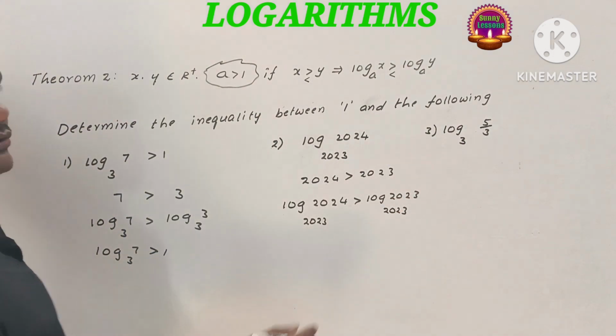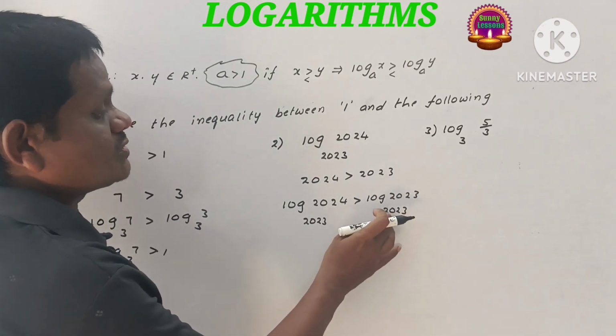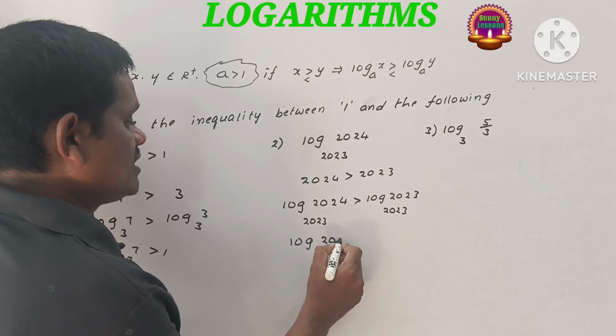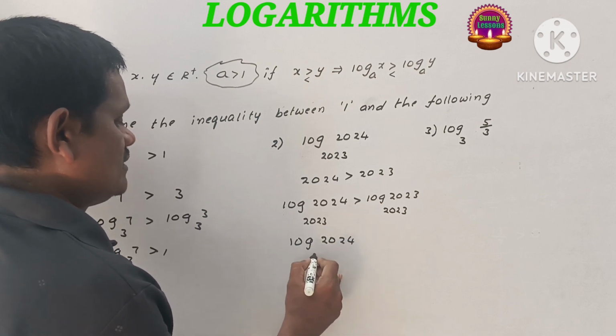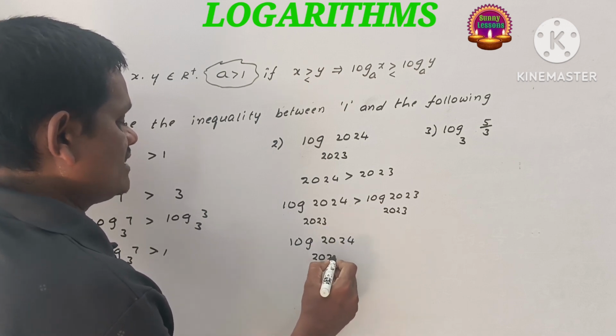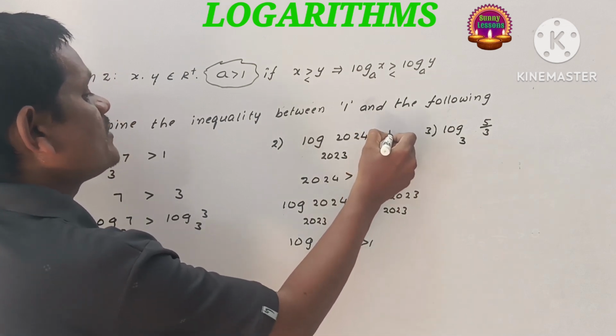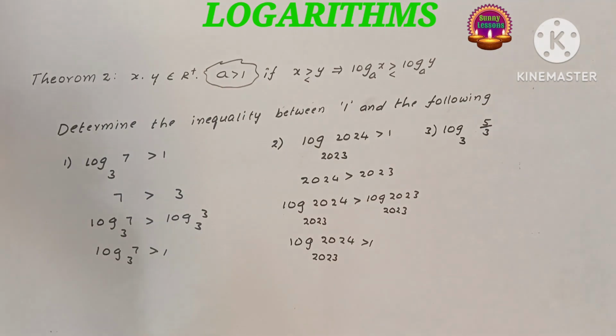Here log 2023 base 2023 is 1. So log 2024 base 2023 is greater than 1.